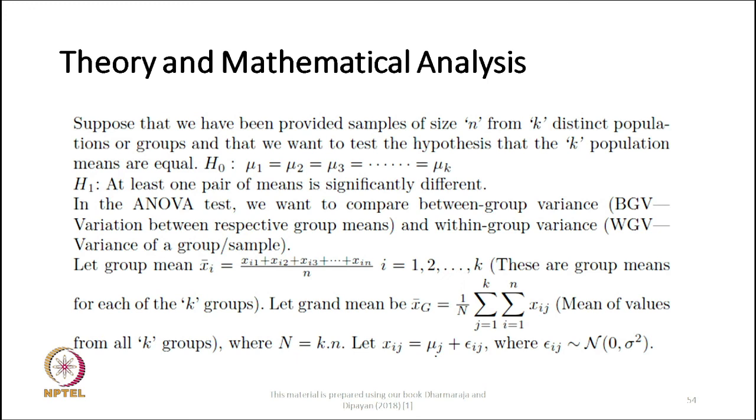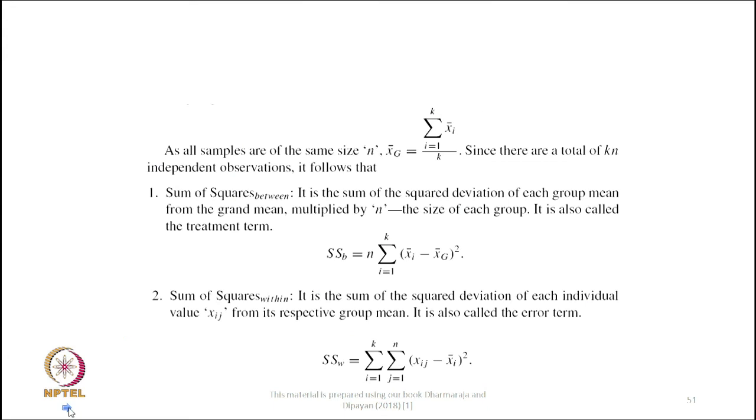So, from each population you have taken a sample of size n, therefore your total sample size is going to be k times n, which you treat as capital N. Since all the samples are of the same size n, you can get the grand mean by using this formula also, since there are a total of k times n independent observations.